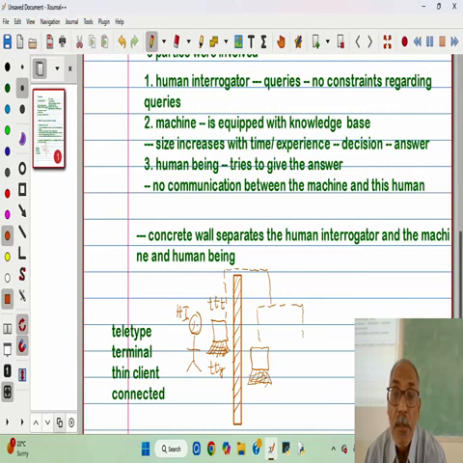Here I have the machine that is working. So I give the numbering, please do not get confused. This is one here, that is the first party. Here, this is the second party. Are you all with me? Understanding? So here I have the human being. This is the third party.